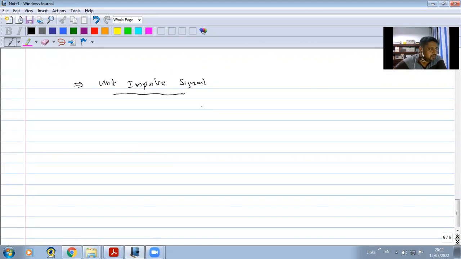I'm not going to explain it much more because it will confuse you, but when we are doing Fourier transform and Fourier series, we will study this further. At this time please try to remember. Normally the unit impulse signal is denoted as delta(t).